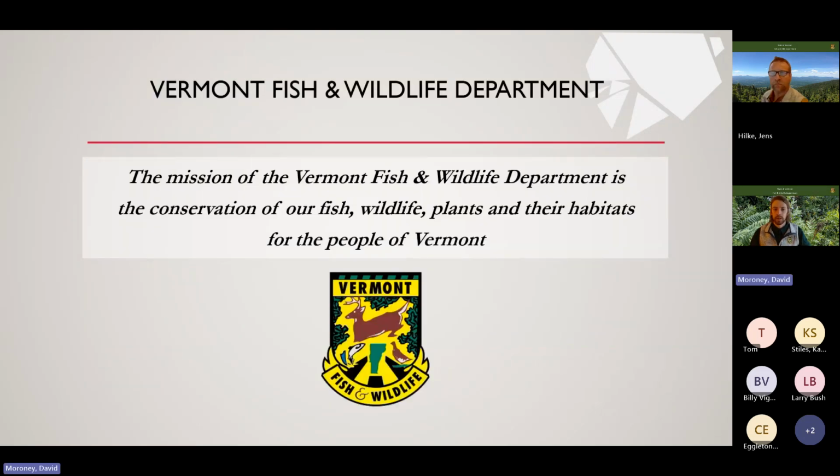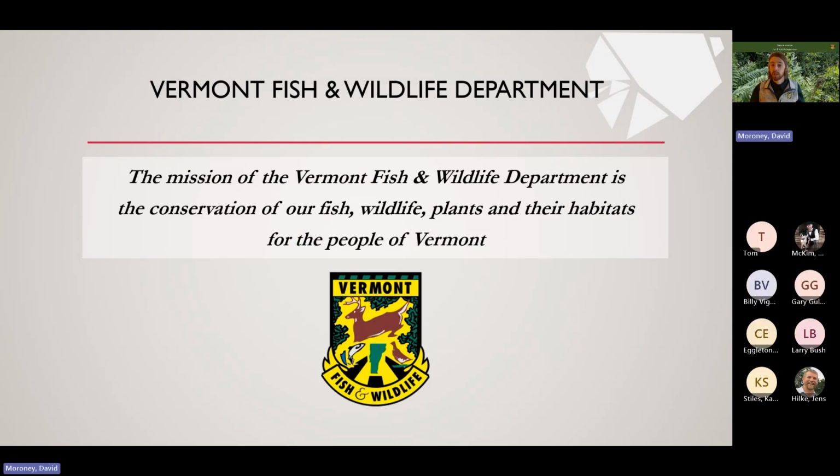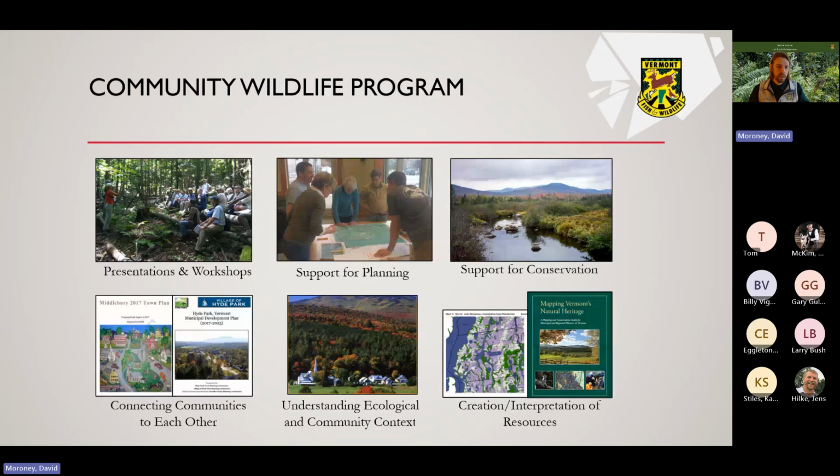All right, so Jens and I are here representing the Vermont Fish and Wildlife Department. Our mission is the conservation of fish, wildlife, plants, and their habitats for the people of Vermont. And we make up the Community Wildlife Program. So our piece of that mission is to offer free technical assistance to Vermont municipalities on all kinds of issues related to conservation planning.